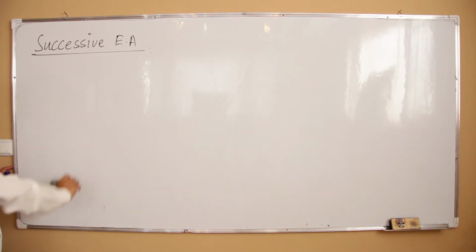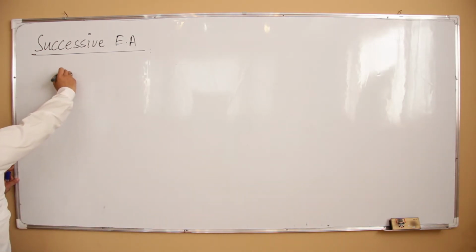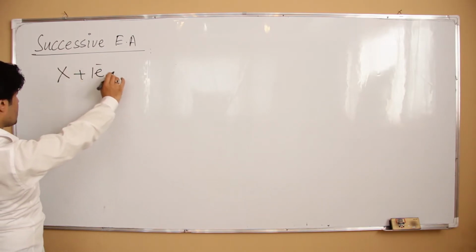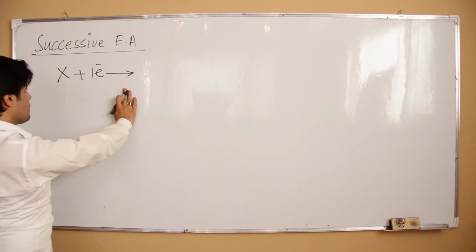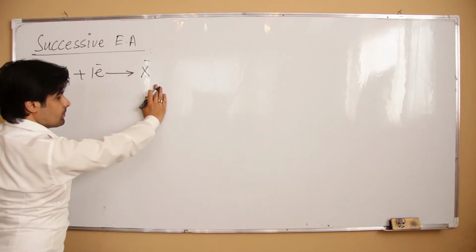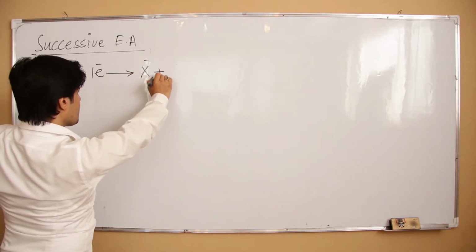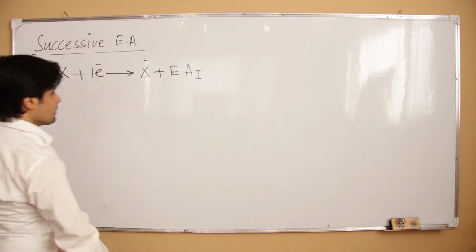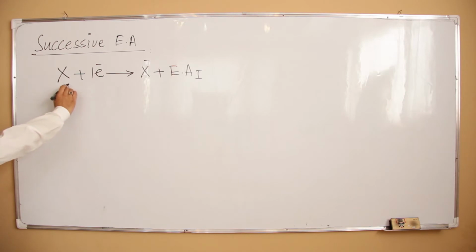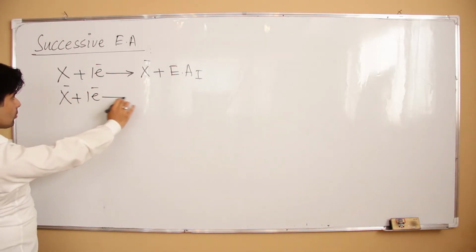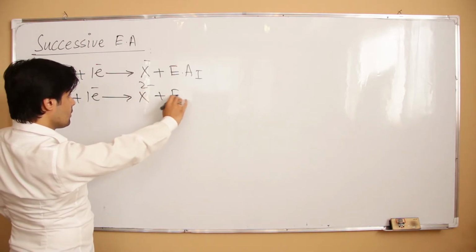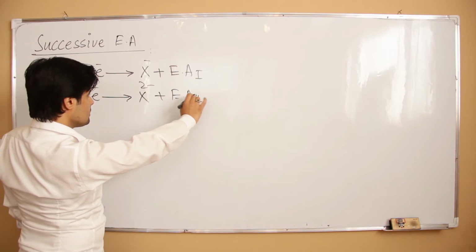If we have an atom by the name of X, we are giving one electron, it becomes X minus, and some energy is released. That's called electron affinity first. If we add one more electron to this X minus, then it is X2 negative, and that is electron affinity second.